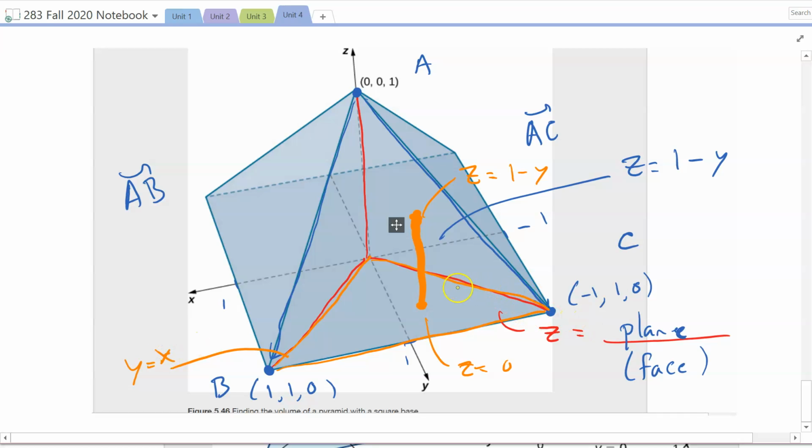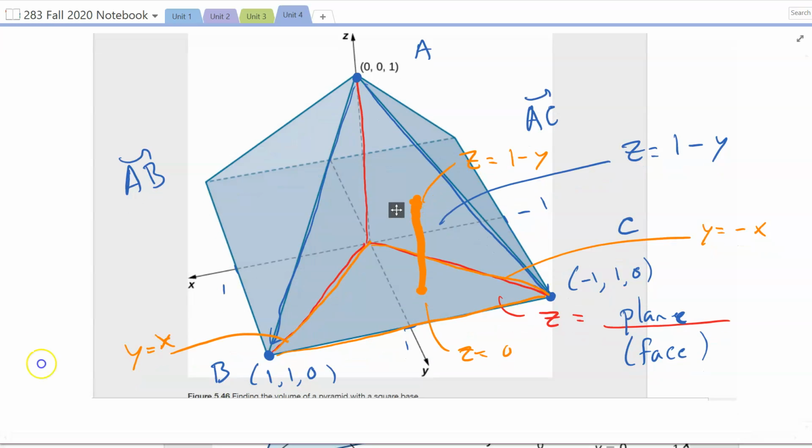Over here, this will be the line y = negative x. So it's going through the origin with slope 1 and negative 1 respectively. So when we look down at the projection in the xy plane, we're going to be looking at that triangle. Let's draw that, and then we'll get the integral set up, and then we might have to work it out in a second video.